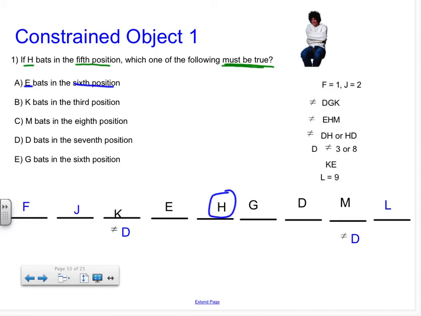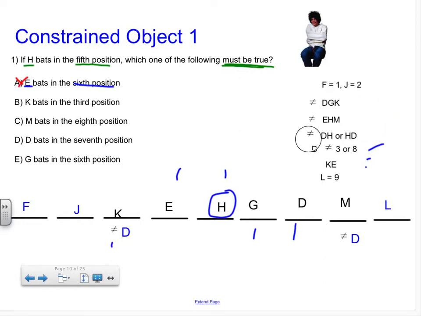So we have D, G, and K separated. We have E, H, and M separated. D and H are separated. D is not in 3rd or 8th. K comes before E, and L comes in 9th position. So we know that we can get rid of A, because this doesn't have to be true.